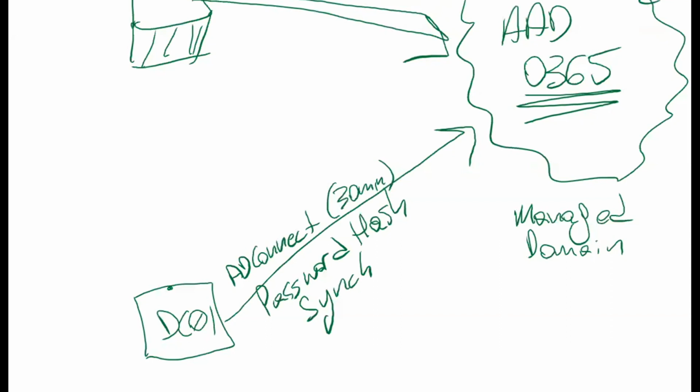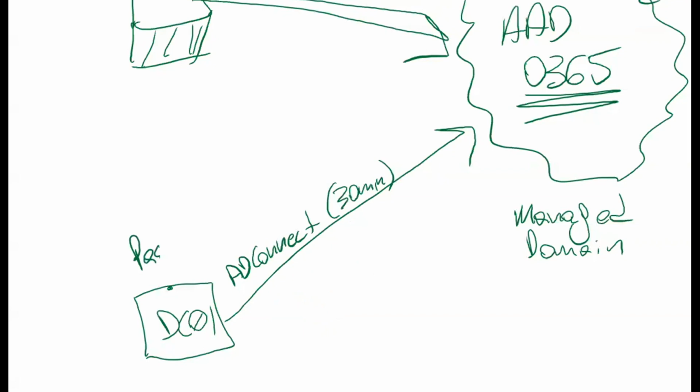So you could have AD Connect synchronizing user objects, but not synchronizing passwords. What that would lead to is a scenario where you have a set of passwords here, so there would be one password here, and there would be another set of passwords here. The usernames and email addresses would be the same, but the passwords would not necessarily be in sync.